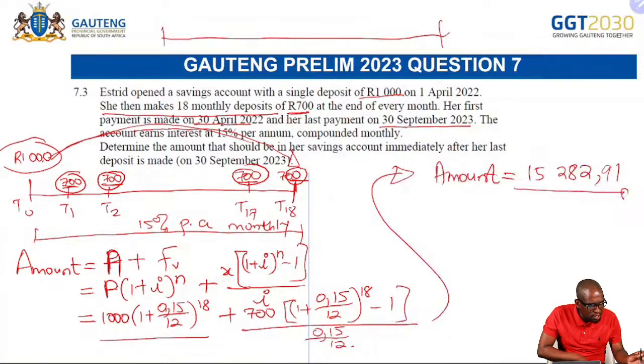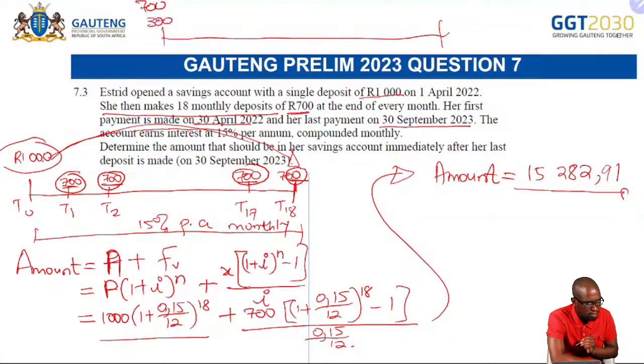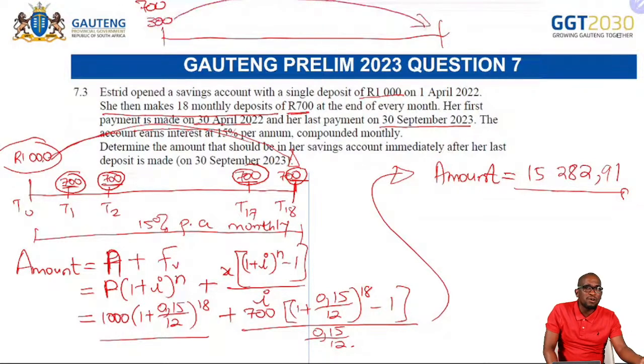Now, alternatively, what you can do is break down the 1000 into 700 and 300. So you'll take this 300 and grow it with compound interest. And you'll take this 700 and say now it would be part of the future value annuity, which means one more payment of 700 would be made. That's an alternative way in which you can solve this. I'll repeat, you break this 1000 into 700 and 300.